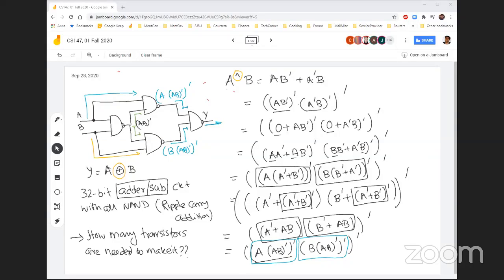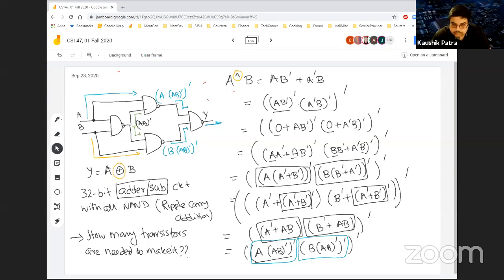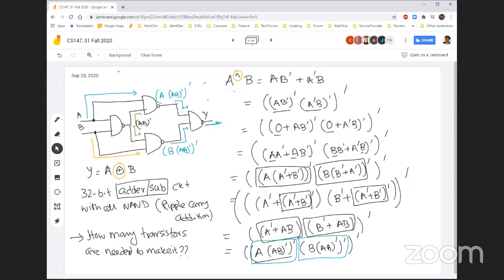And then for the full adder, we first need to do a half adder. A half adder is an XOR gate, which you've shown, and an AND gate. So that's 8 NANDs for the XOR gate, each NAND 4 transistors. So that XOR gate is 16 transistors, and the AND gate is going to be 6 transistors.